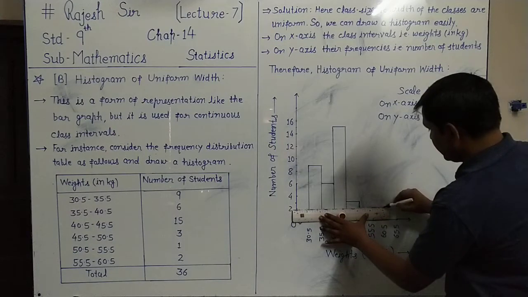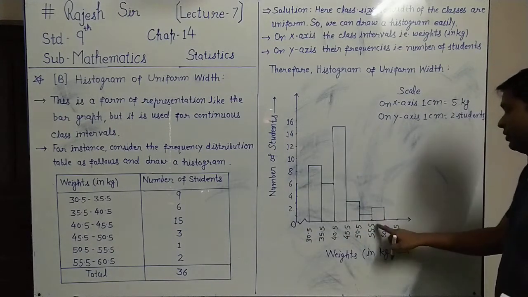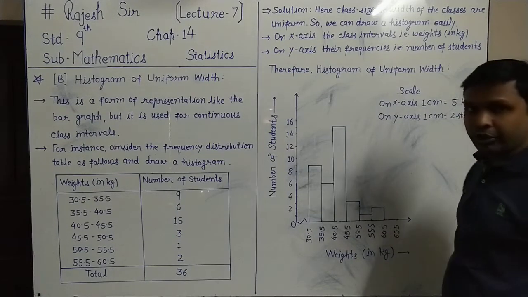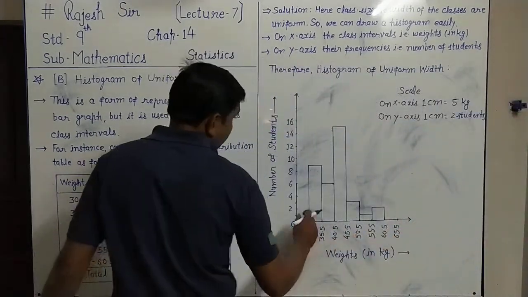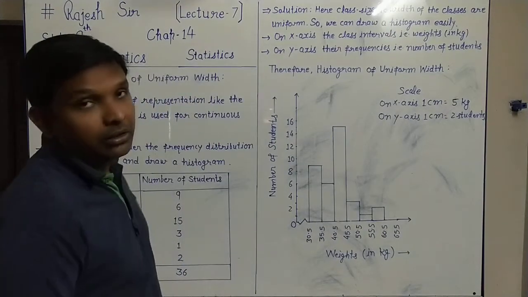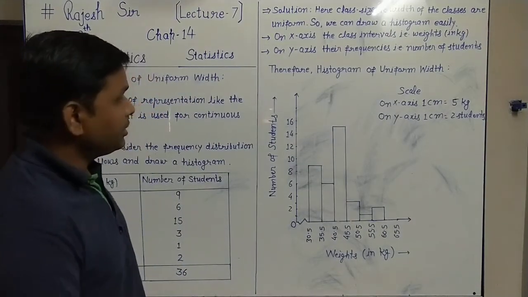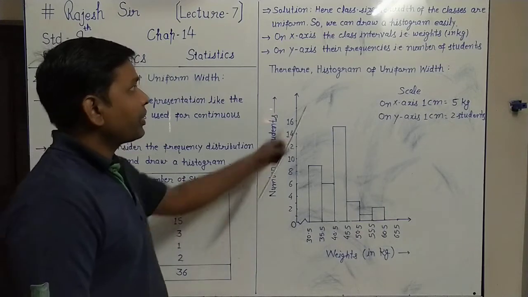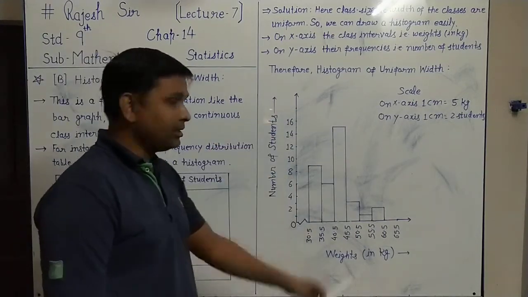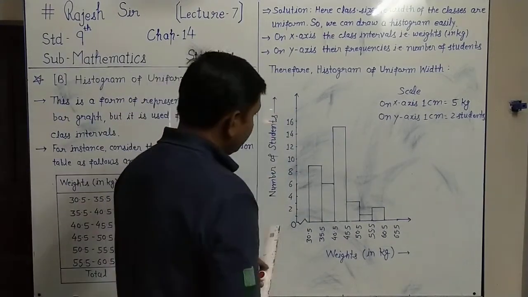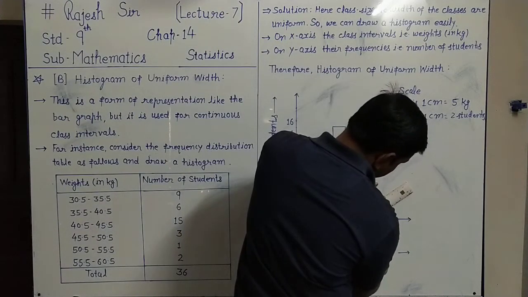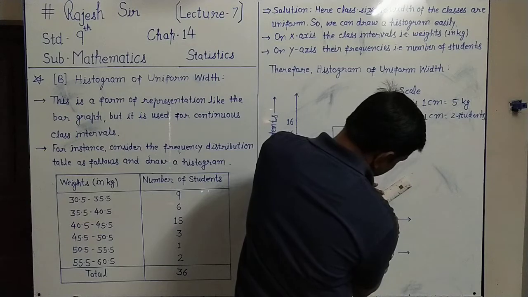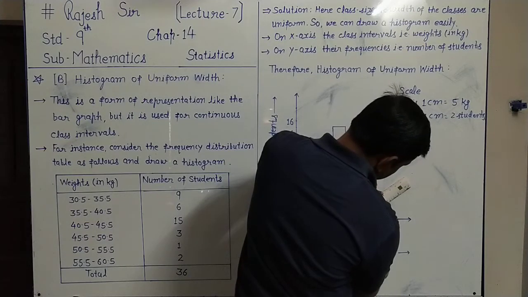Showing 2 number of students are having the weight of 55.5 to 60.5. So this way the continuous rectangles without gap between we have drawn, and this is actually the histogram of uniform width. You can see here also you can give the shade to your graph, shading this way with the pencil and scale, so it will look better way.